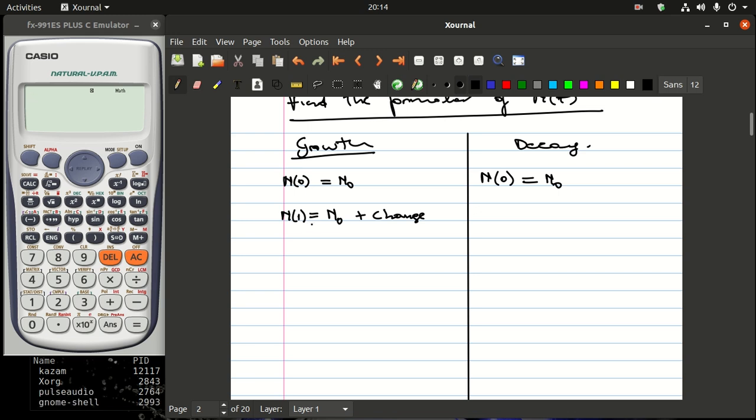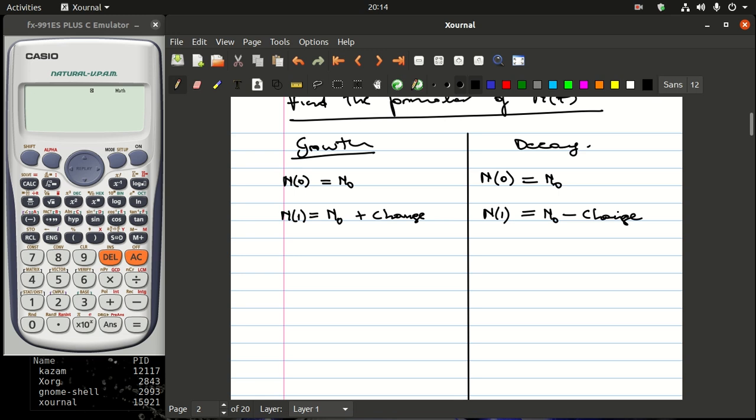Right, if let's say t is in years, after a year we're supposed to have n0 plus some change. But at this side, because the quantity is decreasing, our n1, that is after some time t is equal to 1, we're gonna end up having n0 minus some change, so it is reduced by that much.